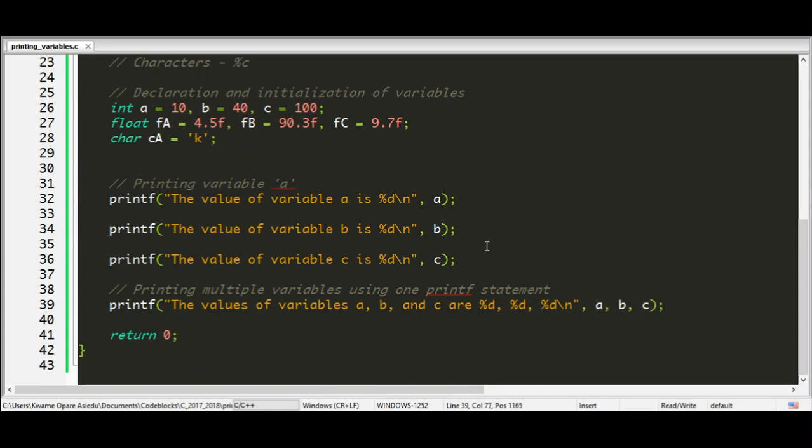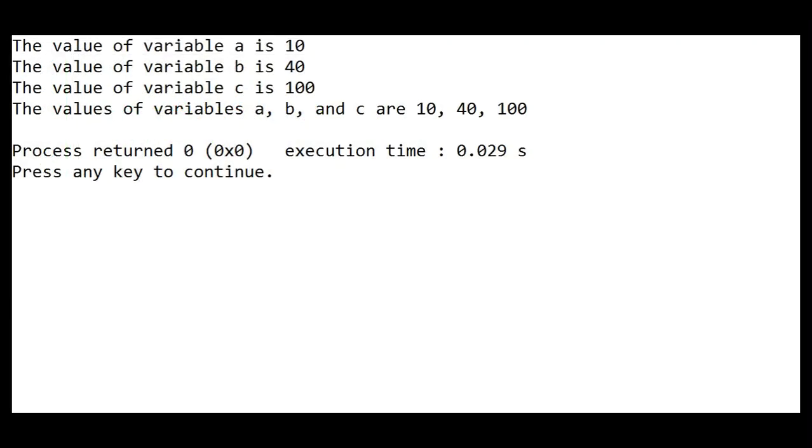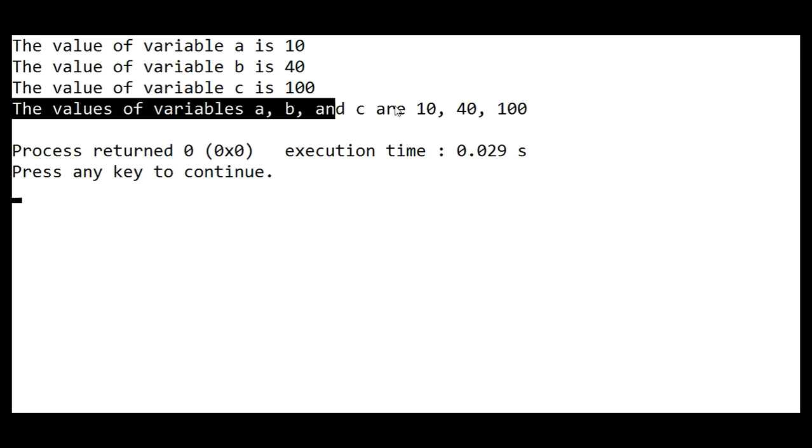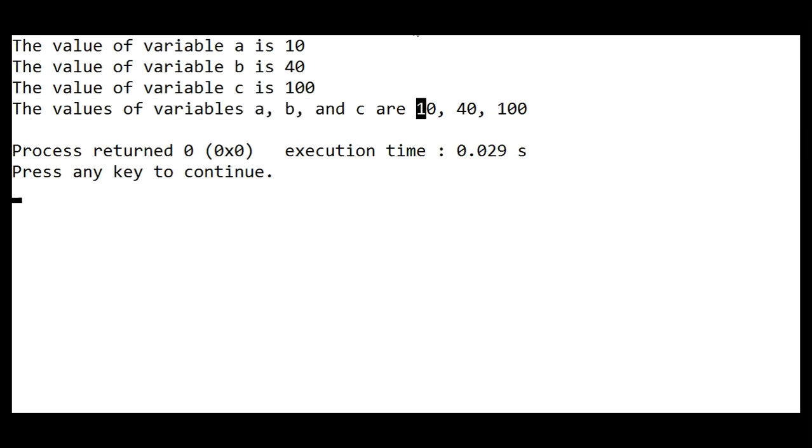So let's run this and see what the output will look like. If we go to the output, we can see the statement over here. The values of variables a, b, and c are 10, 40, and 100, and we know that that's correct.